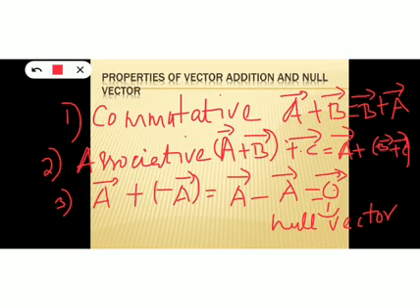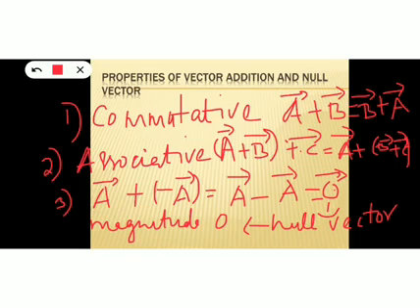As indicated by its name, null, the magnitude of the zero vector will be 0. And it cannot specify any definite direction. No direction is specified by the null vector. The magnitude of the null vector will be 0.